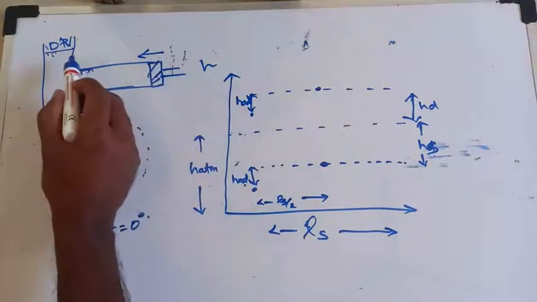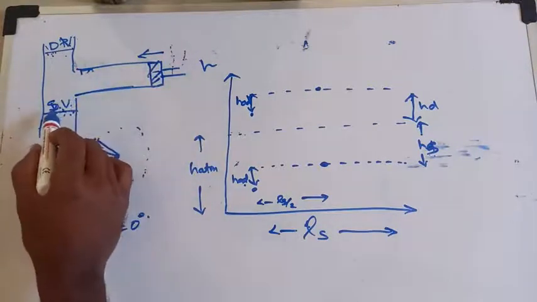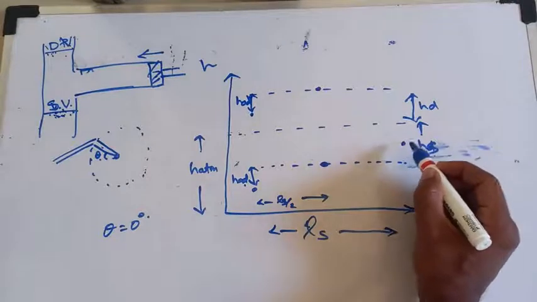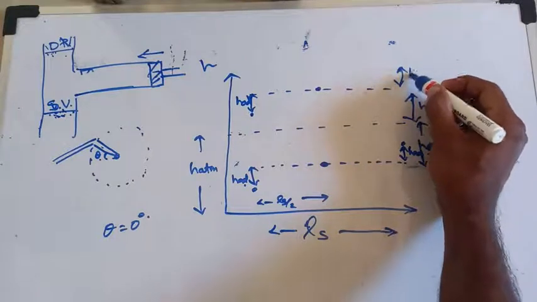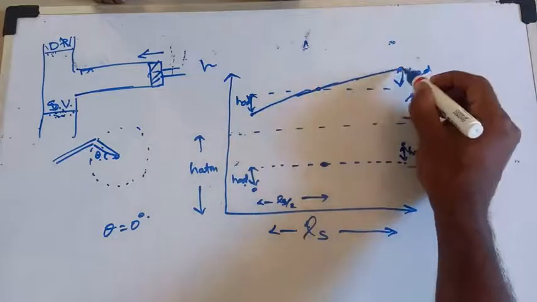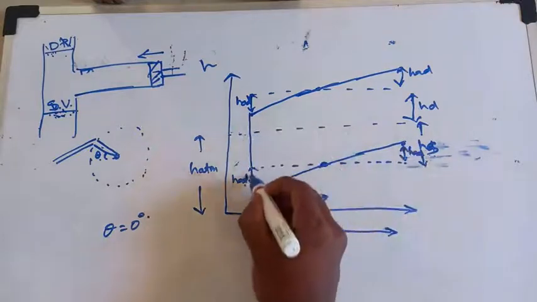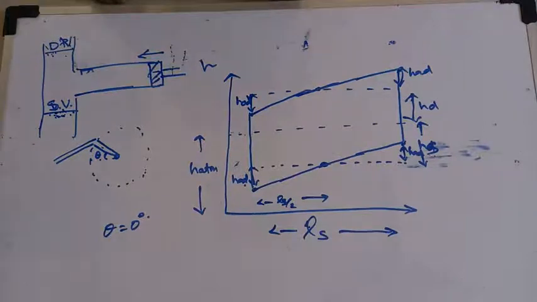It will be advantageous for the delivery valve, but there will be a decrease in negative pressure at the suction valve. It causes a little decrease. This value is HAD, and this value also HAD. If we join these, we will get the indicator diagram for variable acceleration.